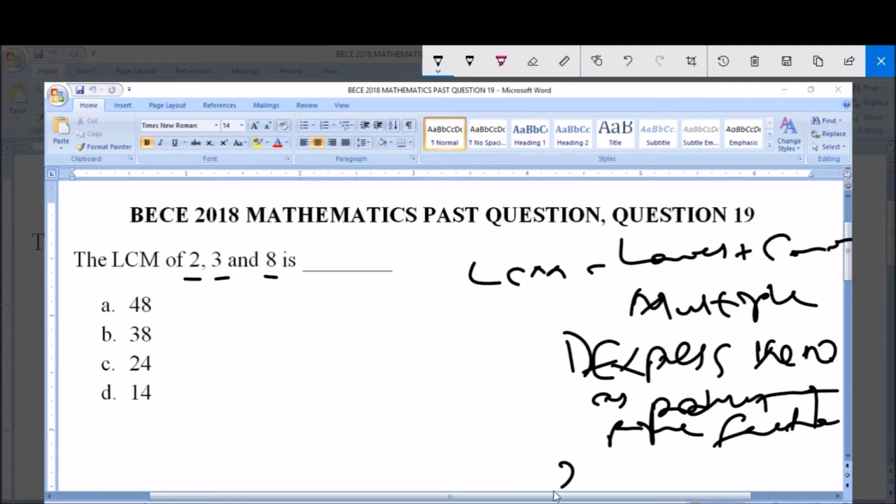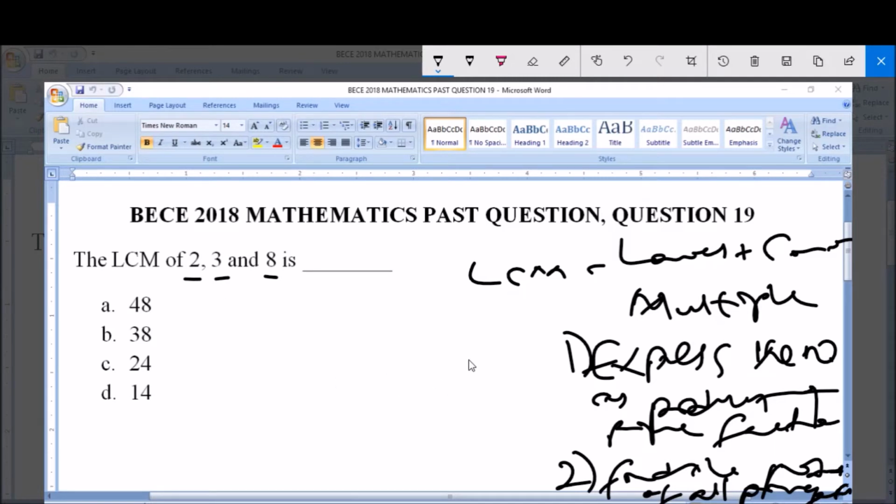Then 2, you now find the product of all the prime factors in this expression. So you find the product of all prime factors.